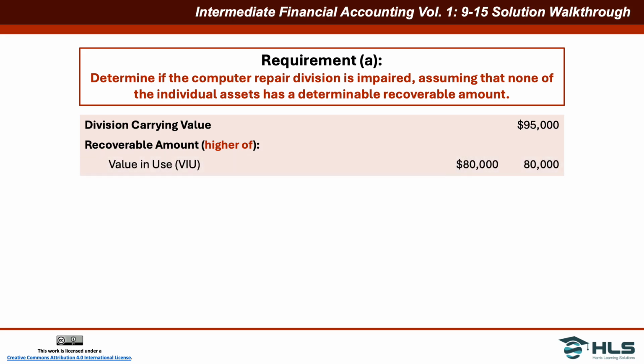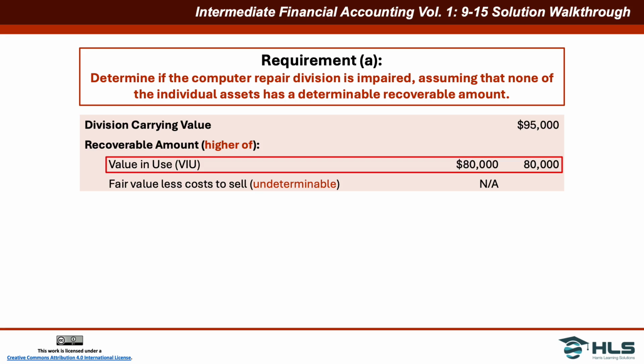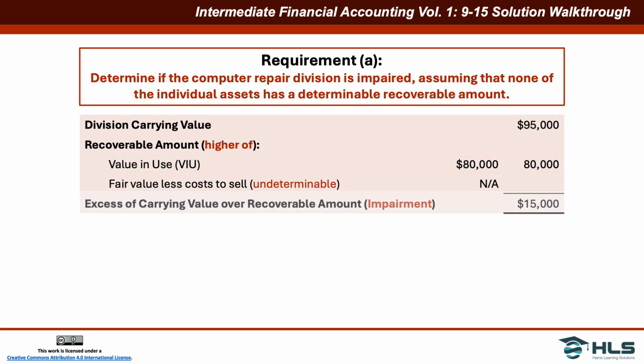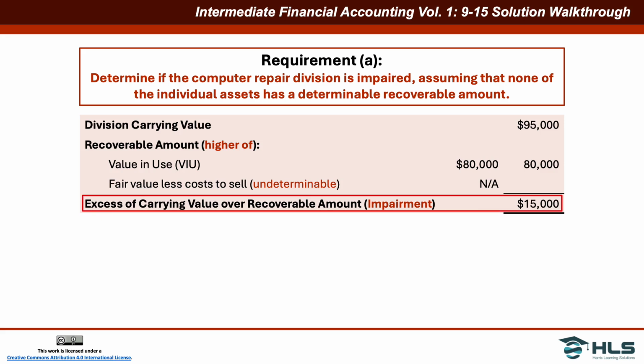In this case, we know that the value in use is $80,000. However, the fair value less cost to sell is undeterminable. Therefore, we're going to have to use the VIU as our comparative, and therefore, when subtracting the $80,000 value in use from the $95,000 carrying value, we have an excess of carrying value over the recoverable amount of $15,000, which means that our cash generating unit is impaired.